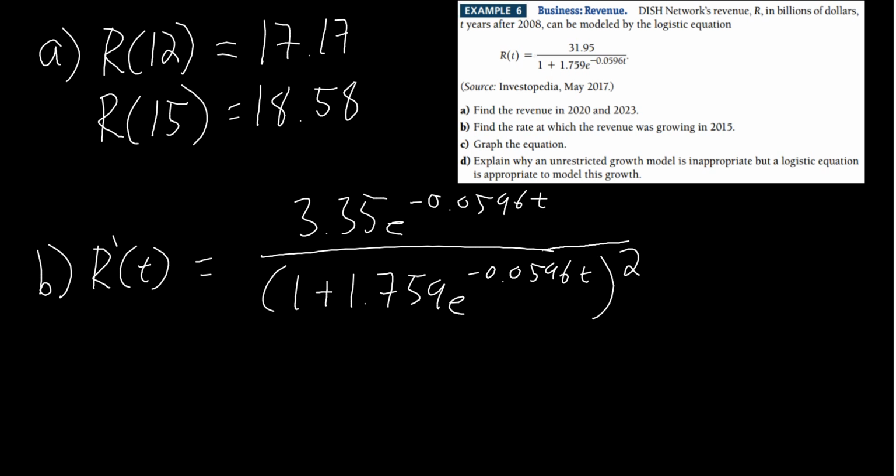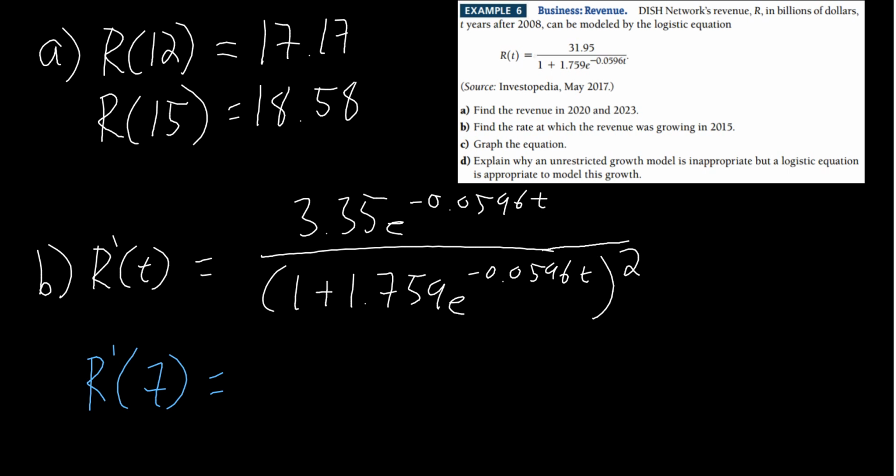Anyways, we want to find the rate at which revenue is growing in 2015. So r prime of 2015 is 7 years after 2008, so we're just going to plug in a 7 for t.